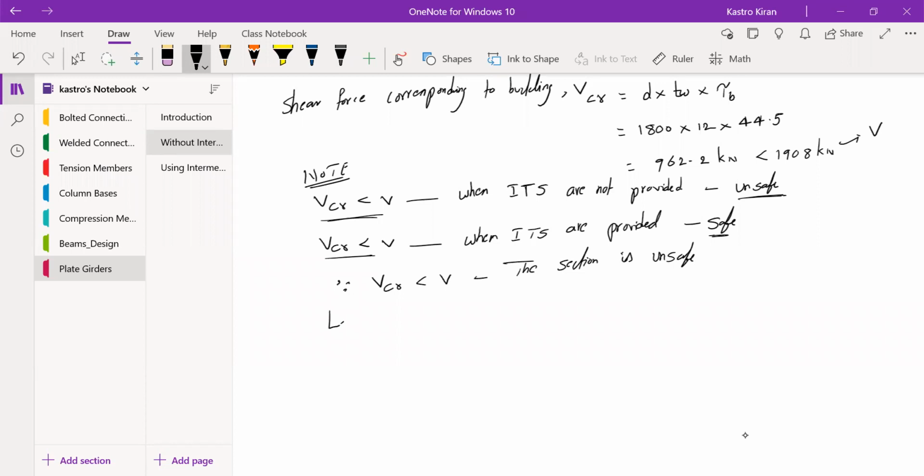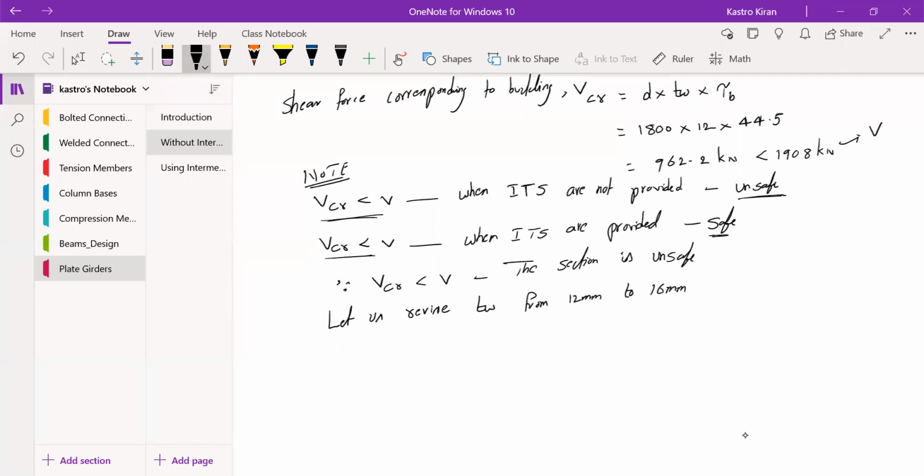So therefore, let us revise the thickness of the web, that is TW, from 12 mm to 16 mm. You can also take 14 mm, but why worry? Again, if VCR comes less than V, you have to resolve by taking 16.